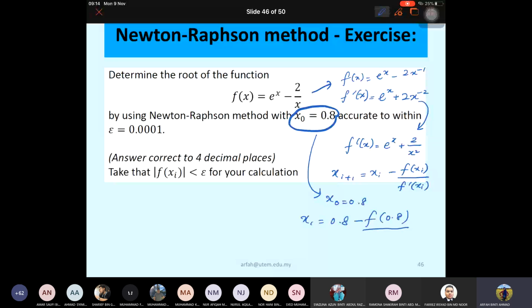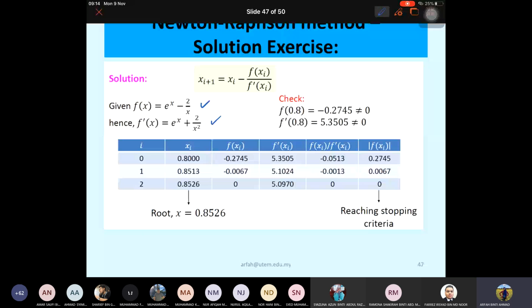And seterusnya. Okay. So saya ada letak dekat sini dia punya calculation. This is fx, this is f prime x. So f 0.8 negatif 0.745, f prime 0.8 5.3505. So saya repeat dia punya calculation. This one masukkan dalam ni.